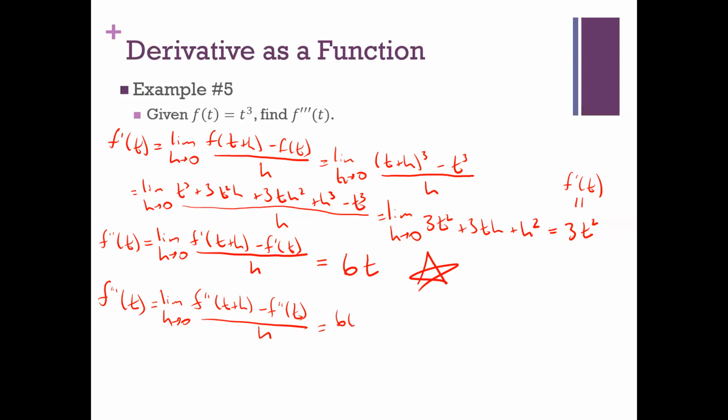So this is 6 times t plus h minus 6t all over h. The 6t's are going to cancel, right? And then after they cancel, the 6h divided by h is going to give you 6. So my third derivative ends up being a constant 6.